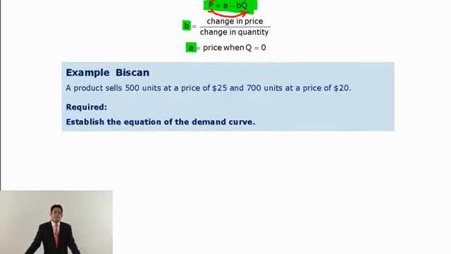Here is the example. Biscon, a product, sells 500 units at a price of $25 based upon their past experience, and 700 units at a price of $20 per unit. Establish the equation of the demand curve. So here we go.